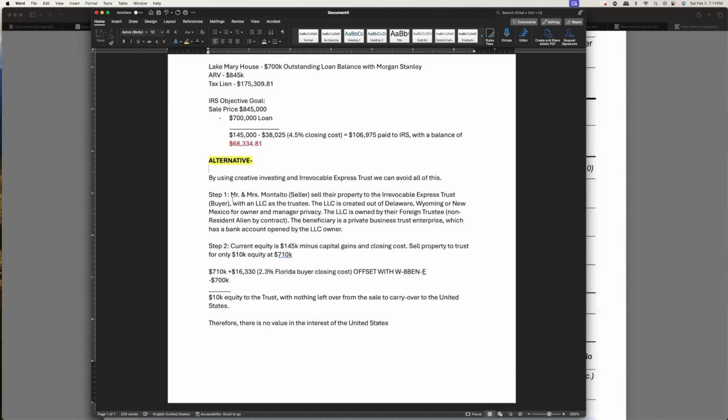The current equity is $145,000 minus the capital gains and closing costs, right? So instead of keeping and acknowledging the $145,000 equity, because how did we get that? That came from fractional reserve banking.